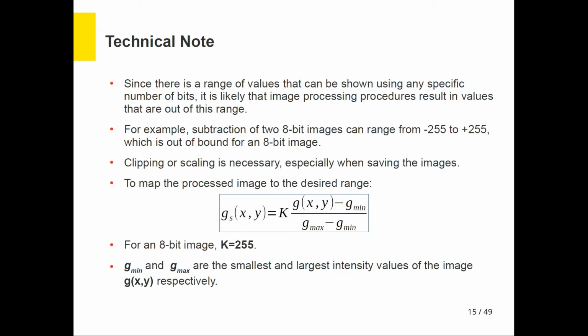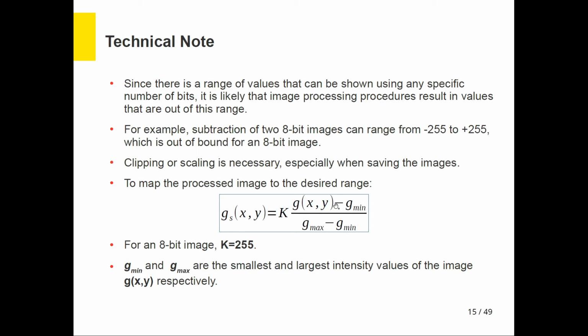To map the processed image to the desired range, which is usually from 0 to 255 for an 8-bit image, we can use this function. This is the processed image, from which the minimum value of the processed image is subtracted. That makes the minimum value become 0. Then we divide this image by G max, which is the maximum value of the intensity, and G min, which is the minimum value of the intensity.